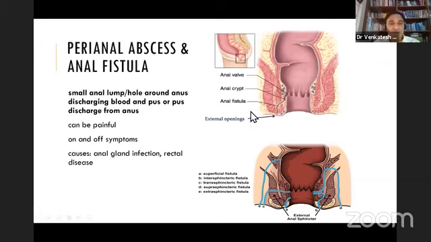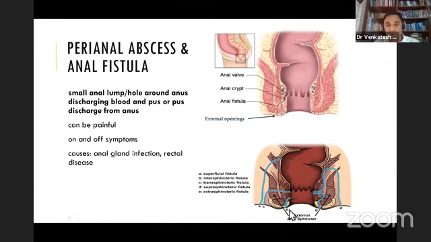Now these fistulas can be of different types. If you look at this, you can see this fistula tract is very simple. It's just coming straight. But these fistula tracts, as I told you, can involve the internal sphincter, external sphincter, or be intersphincteric. The important thing to remember is whether the tract is going through no muscle, one muscle, or two muscles.